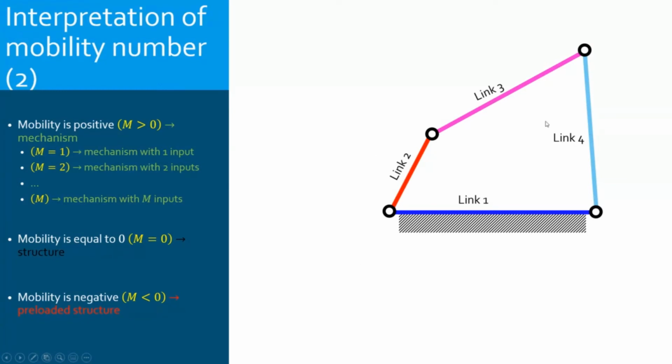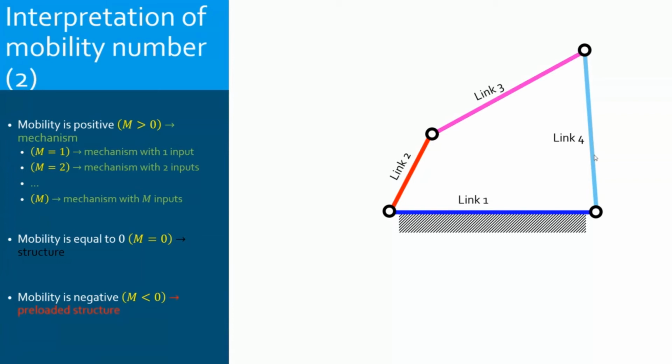The other ones, 3 and 4, will automatically be driven by link 2. Their motion will be automatically controlled, defined and predictable by the motion of link 2. As soon as I assign the motion to link 2, 3 and 4 will be driven automatically.